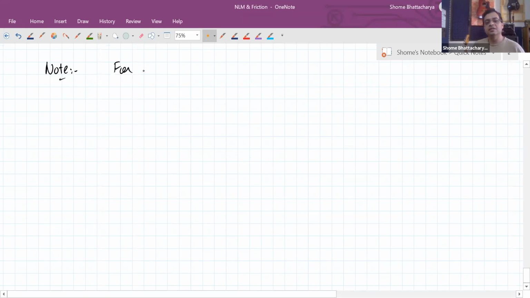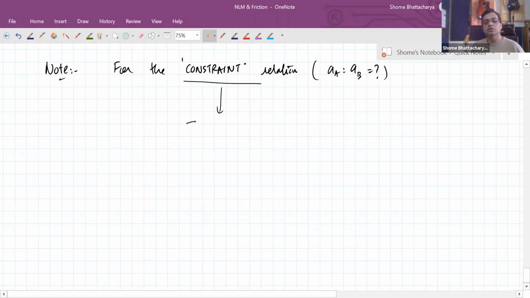For the constraint relation, we'll use a principle over here. We'll use the constraint that the thread is inextensible.